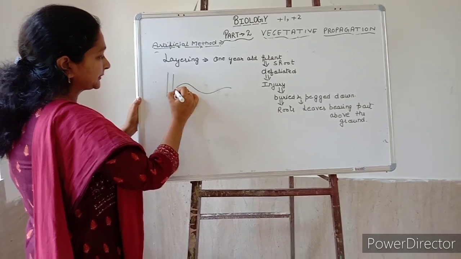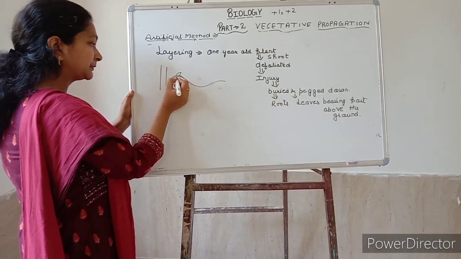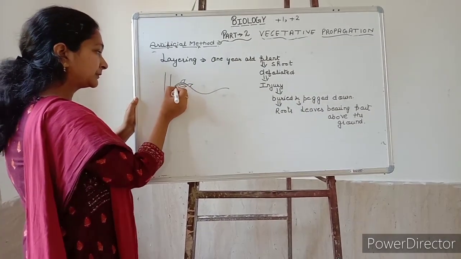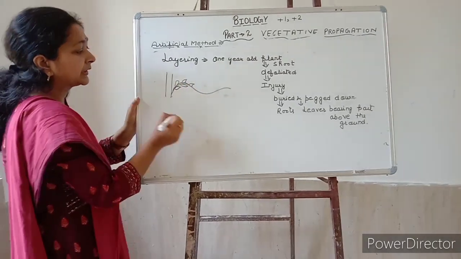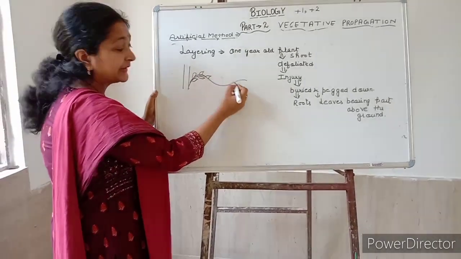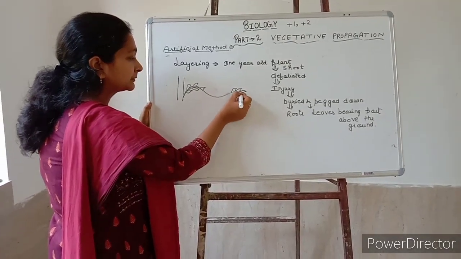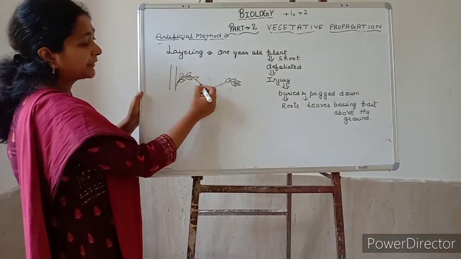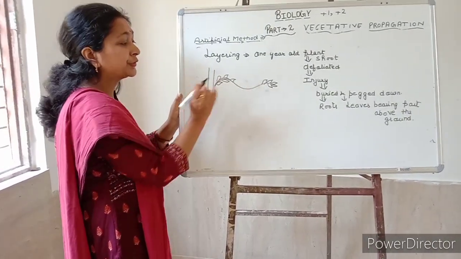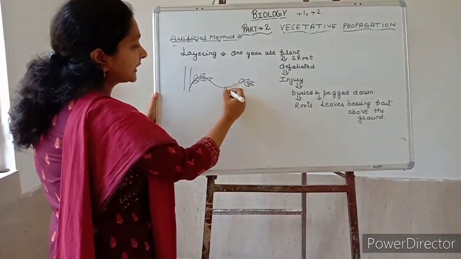This is a shoot. It is defoliated in the middle, means we have removed the leaves from this middle portion. Now an injury is made here.